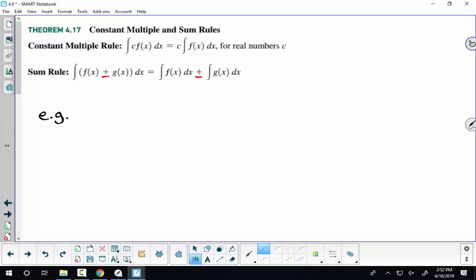Okay, so an example: the power rule, the constant multiple rule, and the sum and difference rule now allow us to look at how we would find, for instance, the antiderivative of a polynomial. So the antiderivative of 5x cubed plus x squared minus 4x plus 3 with respect to x.